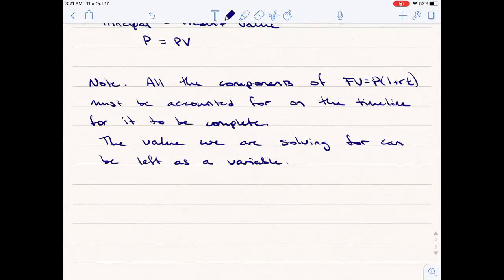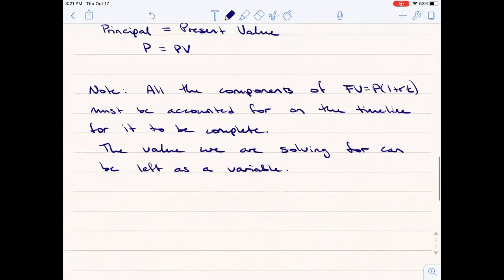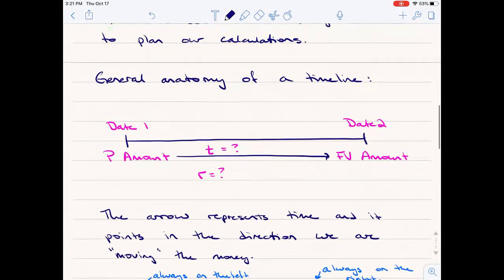The last thing I want to mention about timelines in general is when you're reading the problem, you're going to want to count out all the dates that are mentioned, because each date that's being mentioned has to get a tick up here. So here we only had date 1 and date 2, but it's very possible to have 5 dates, right?